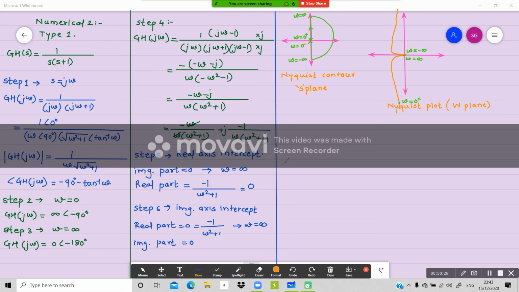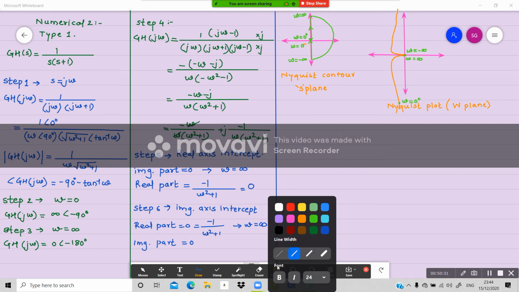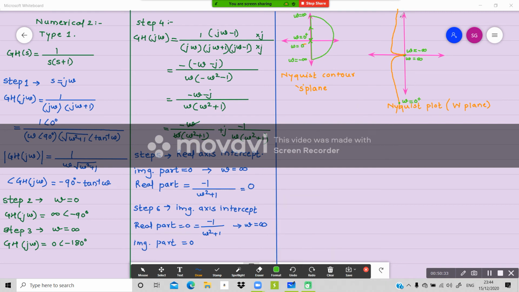Let us say I have drawn the mirror image, and this point is at omega equal to 0 minus.